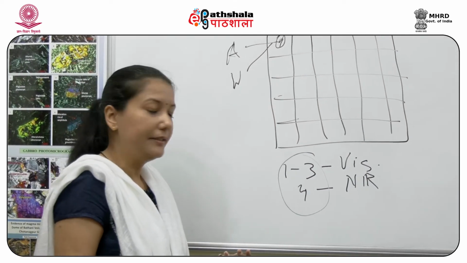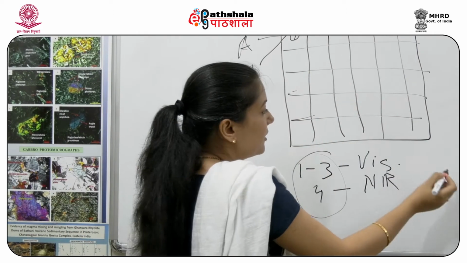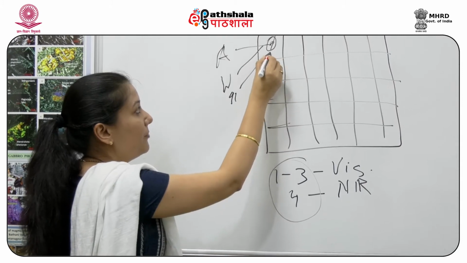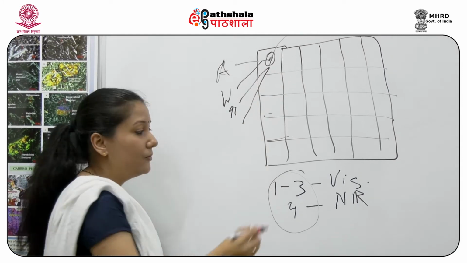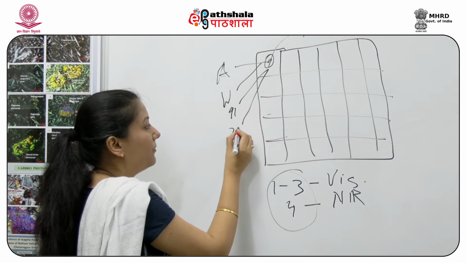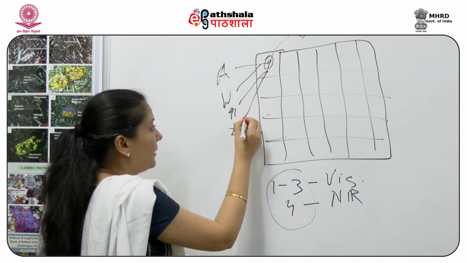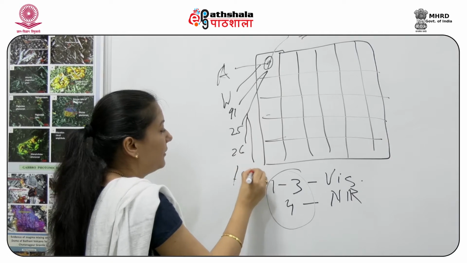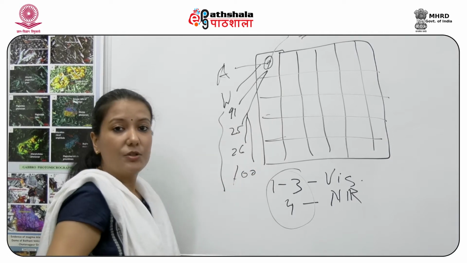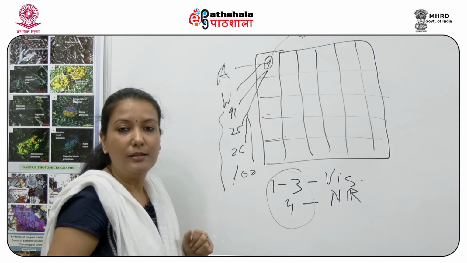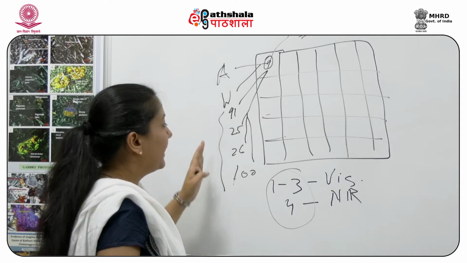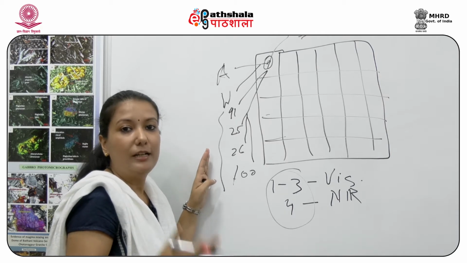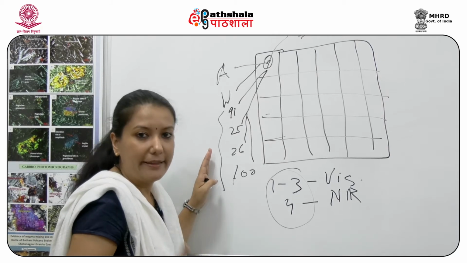In band 1, suppose this pixel has a value of 91, the same pixel will have a different value in band 2. It may be 25. Similarly, in bands 3 and 4, they may be around 26 and maybe 100. So, as such, you don't know what these values represent. So, we combine these values, we analyze these values, and we are able to find what actually is present there.